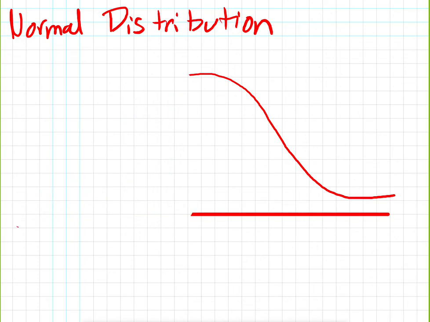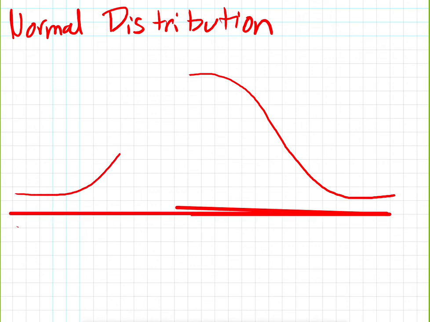I'll put that back. What that means for us is that when we get information, the very first thing you want to check is that it is, as they'll call it, normally distributed.